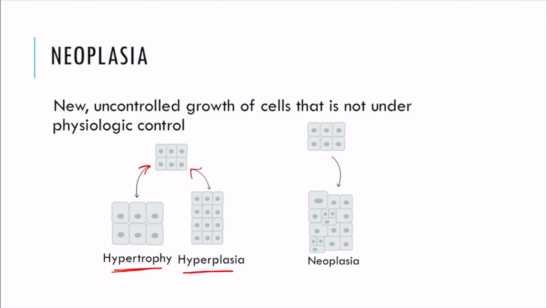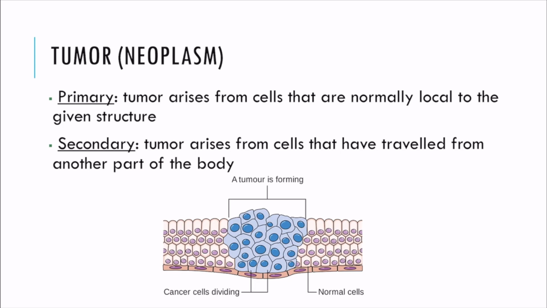They can go back and forth depending on the stimulus. When we have uncontrolled cell growth, the formation of neoplasms is non-reversible. So regulated cell growth is a reversible process. Unregulated cell growth is not reversible. That's a big, big difference right off the bat.